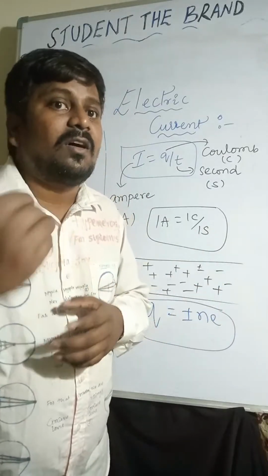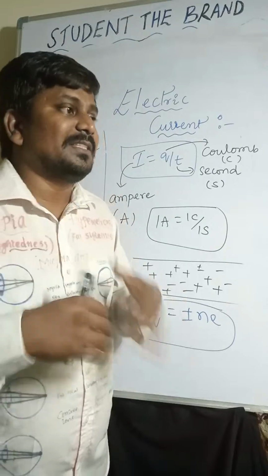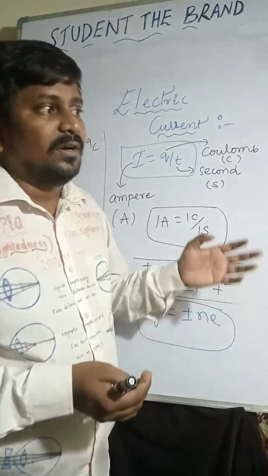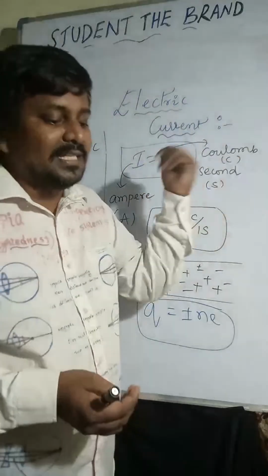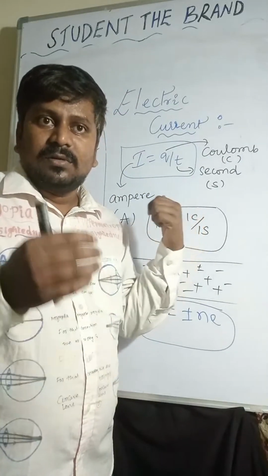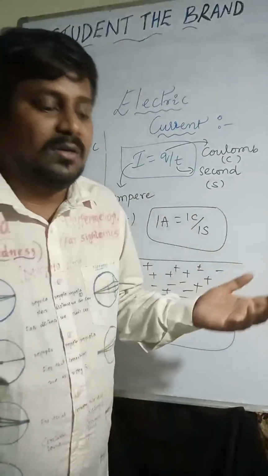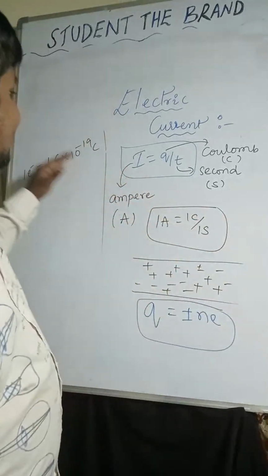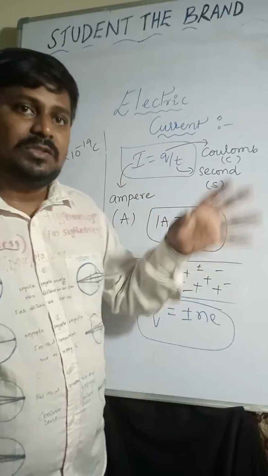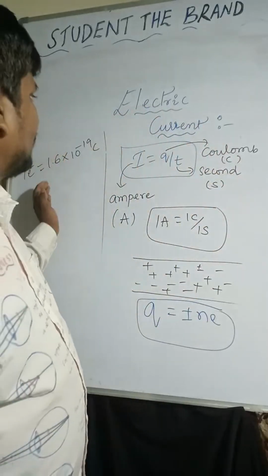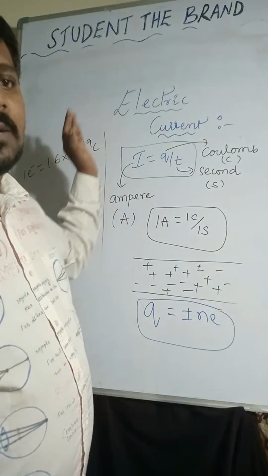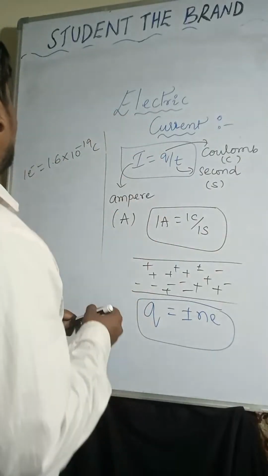The second question is: does a charge less than this value exist or not? A charge less than this value does not exist on one electron. So the charge is 1.6 into 10 power minus 19 coulomb.